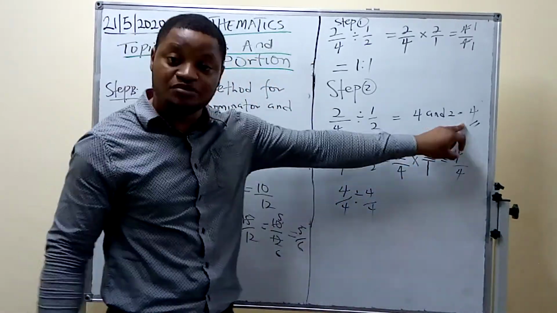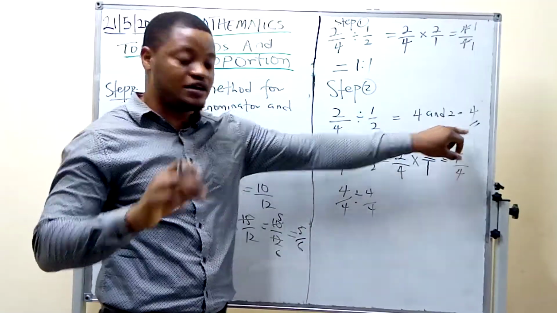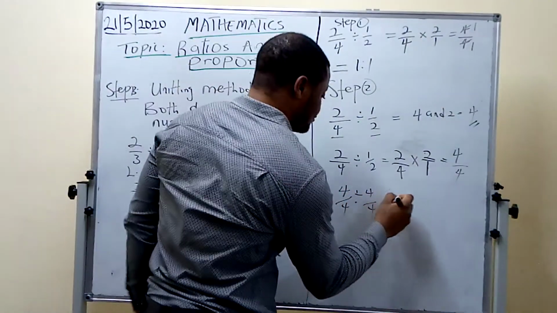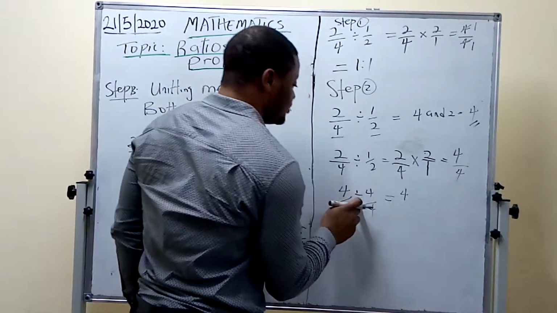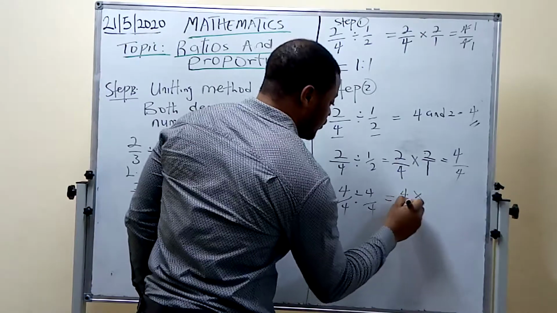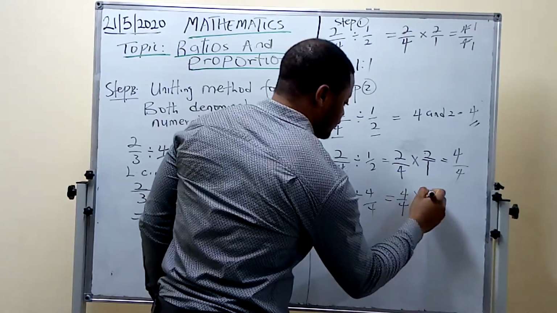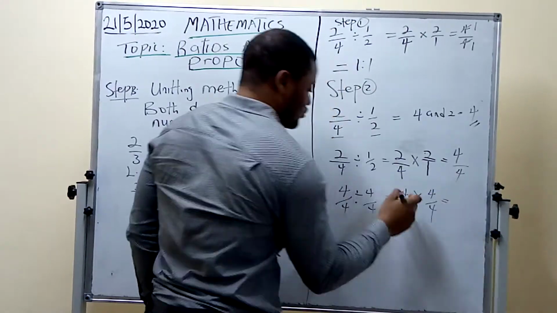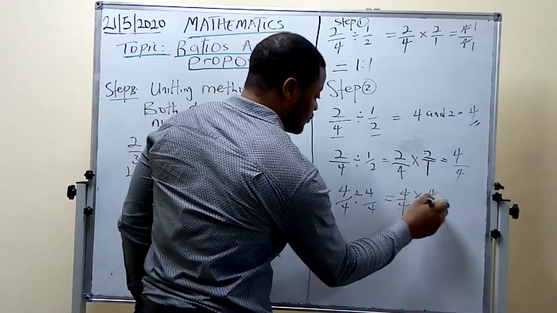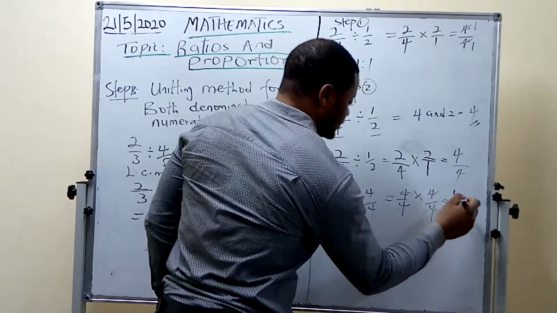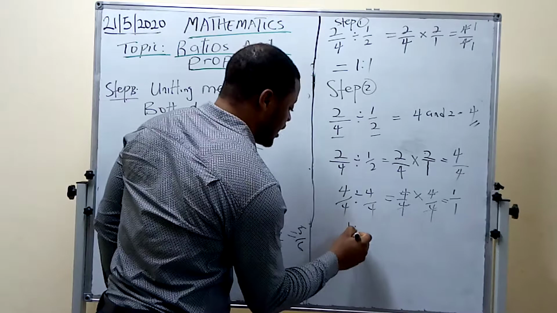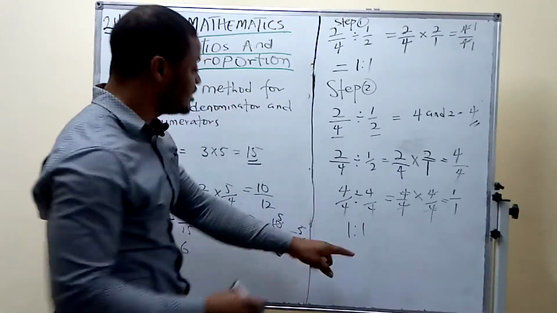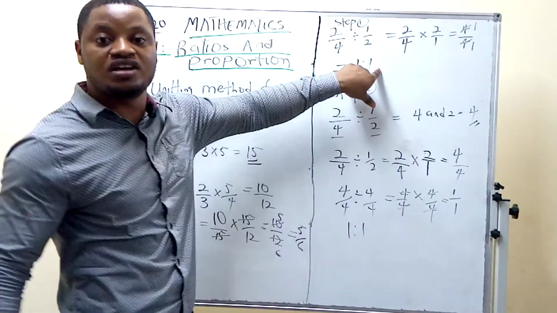And see, still the same 4. Change division to multiplication. 4/4 times 4/4. 4 cancel 4. We have 1/1. So our final answer is what? 1:1.